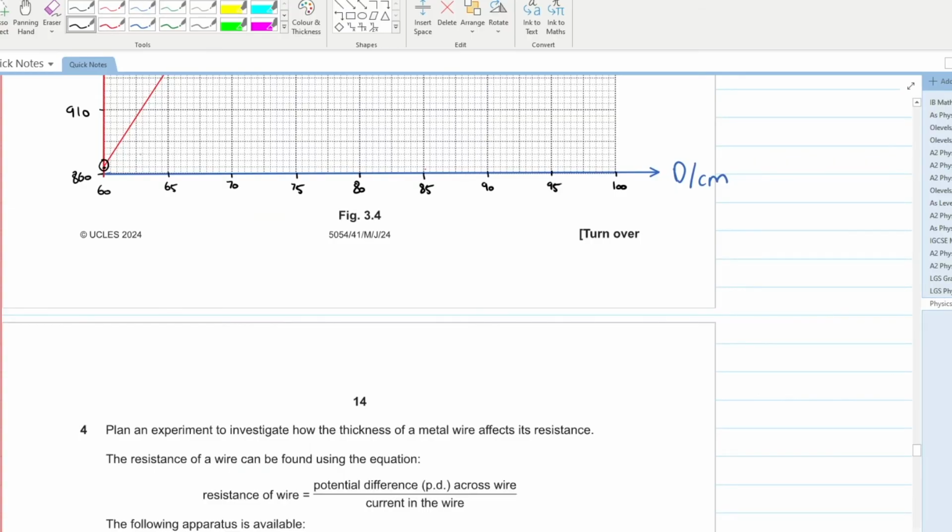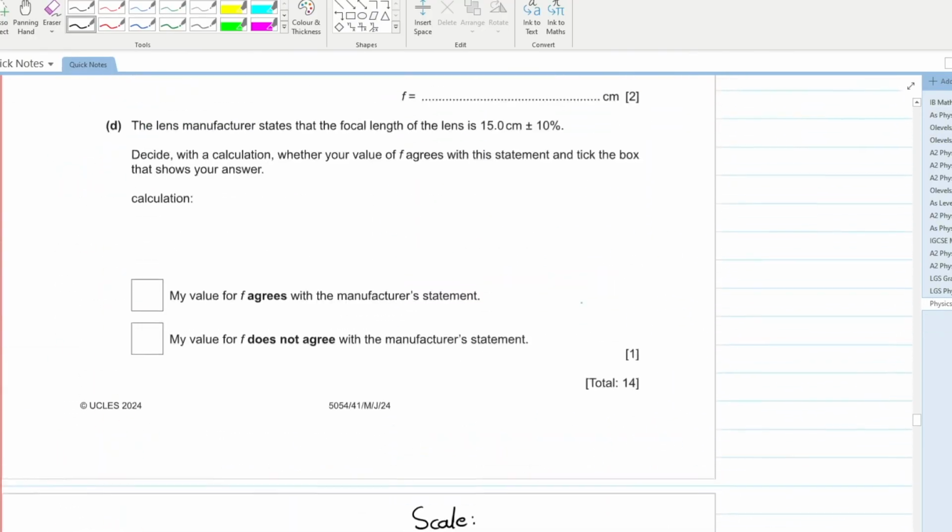How many boxes do I have on the x-axis? 1, 2, 3, 4, 5, 6, 7, 8. 8 large boxes on the x-axis. What was my maximum value? 100 minus my minimum value, that is 60, divided by the number of large boxes. 40 divided by 8, that means one large box on the x-axis represents what? 5 units.